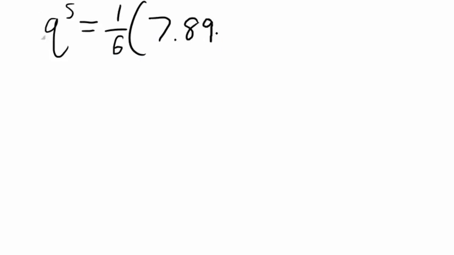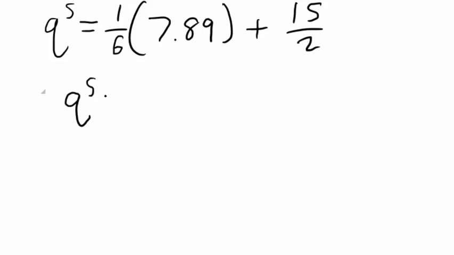So now that we have our price, we can find the quantity supplied for each firm by plugging price into the little q function. So we would have 1/6 times 7.89 plus 15/2. And by plugging this into a calculator, we get a quantity supplied of 8.82.